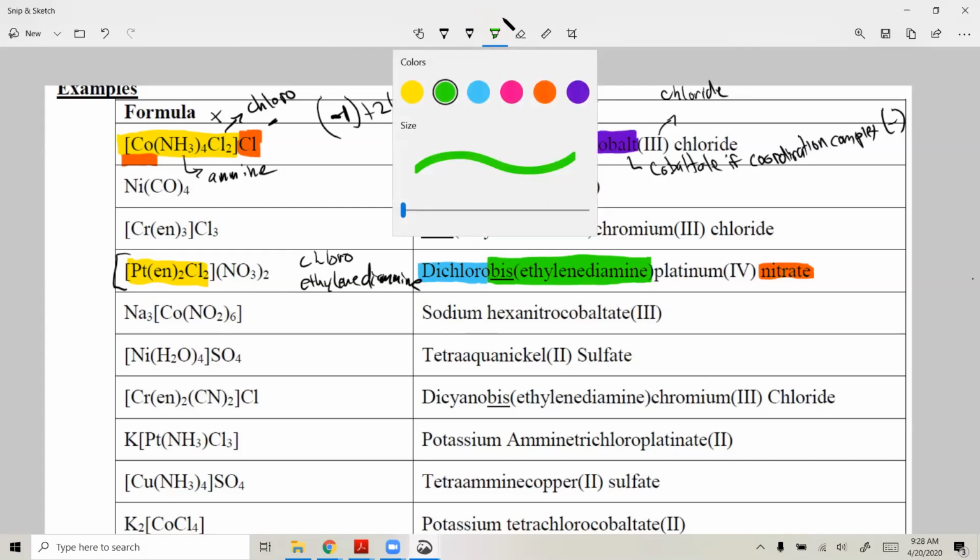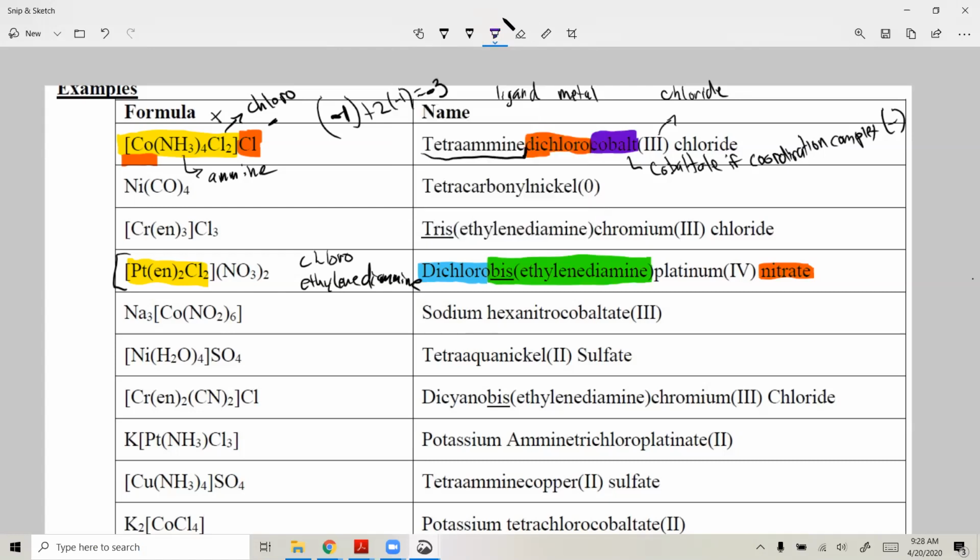Do we need to change anything about our platinum? Do we need to change its ending or can we leave it as platinum? Leave it as platinum. And so we do need to come up with its charge for the platinum. So for our platinum, we're looking at our oxidation states.